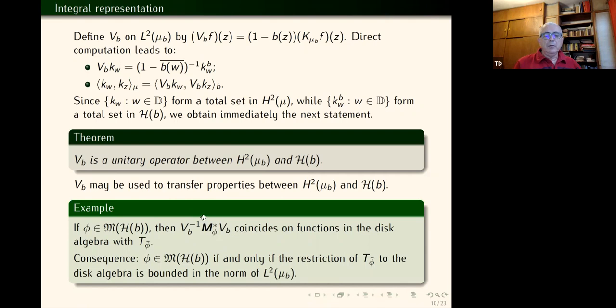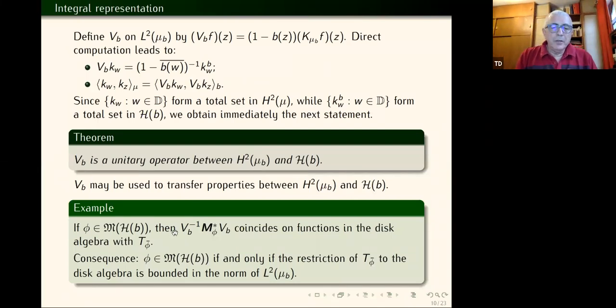Now, if you see this product of three operators, we have transported M_phi star in H2 of mu_B, and it can be shown that this coincides on functions in the disk algebra precisely with T_phi bar.